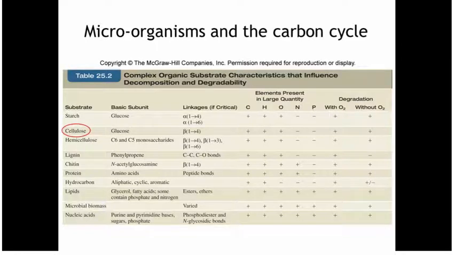So cellulose, for example. Not all bacteria can degrade cellulose. It depends on the scission of this beta 1-4 bond. So only some bacteria have the enzymatic equipment necessary for breaking down cellulose.